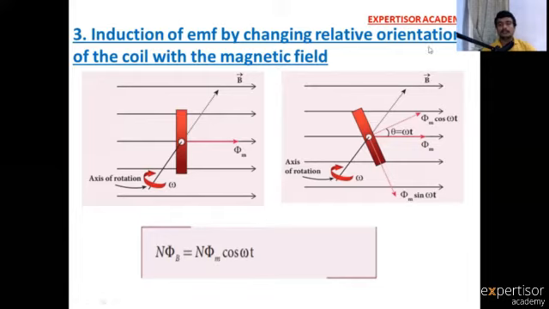This rotation makes the angle theta equal to omega t. Phi m is split into phi m cos omega t and phi m sin omega t.